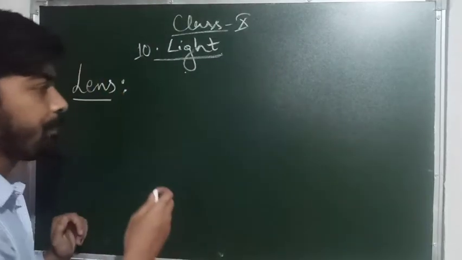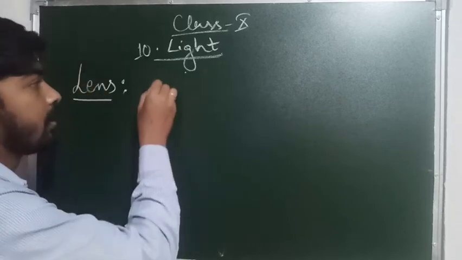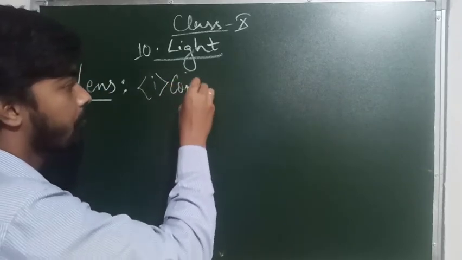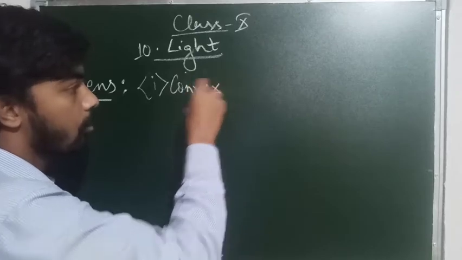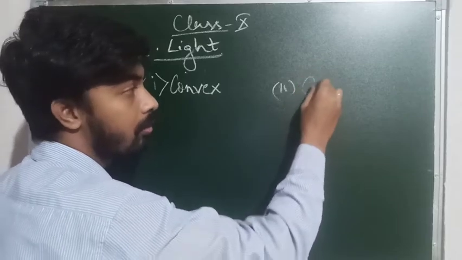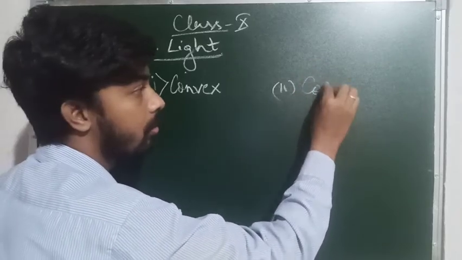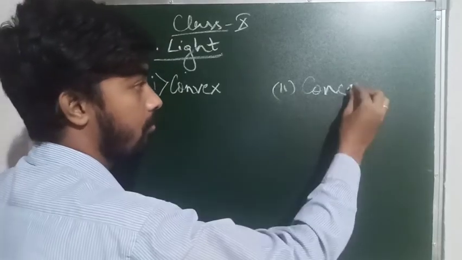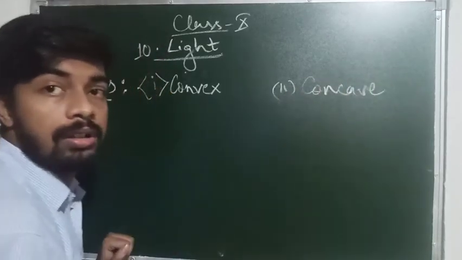There are two types of lens. Number one, convex lens, and number two, concave lens.